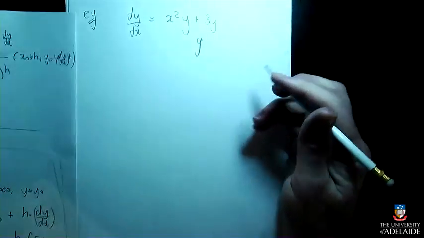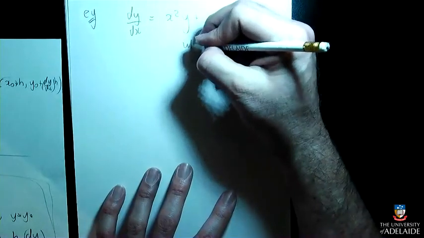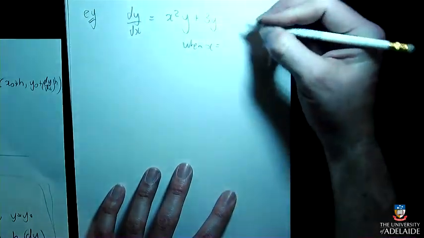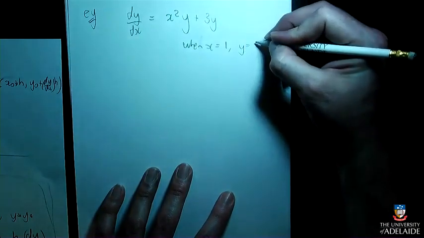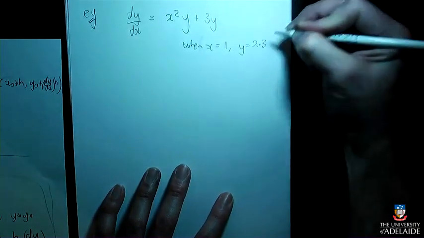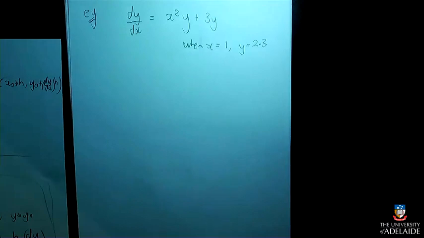Right. So when x equals 1, y equals 2.3, say. I'm just going to be really nice and approximate.